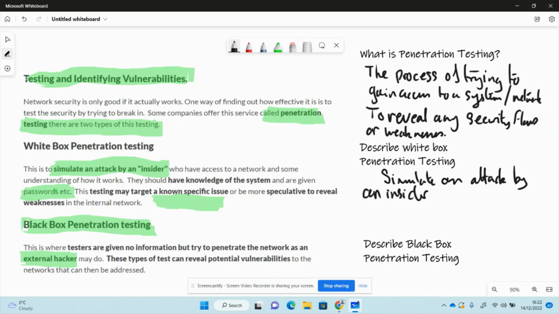That could be an employee or something like that, who has credentials or other information about the system.